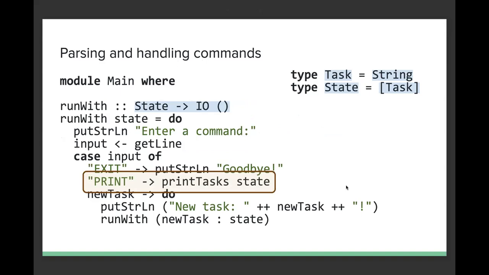So now that we have print tasks, we can put that back into our original program. We just add one more case into our case expression. If input is print, then print tasks with the current state, which is the list of tasks. So fairly straightforward. Now, these are commands without any parameters.